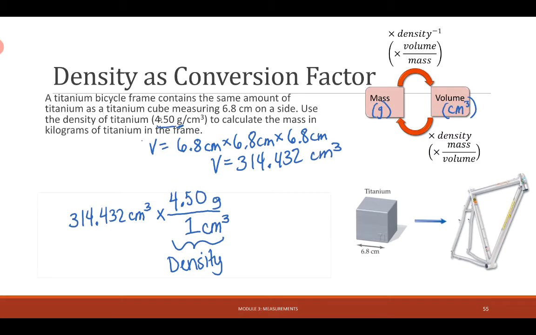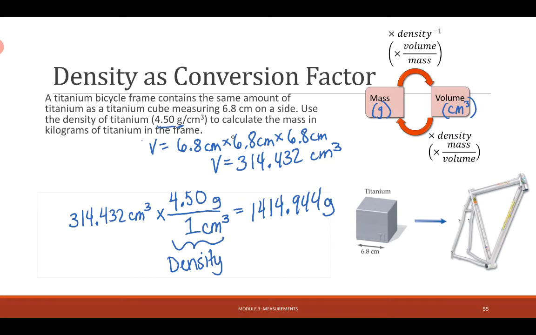And so I need this to stay 4.50. And so that's a 1 in the denominator. And so I can multiply this by 4.50. And then I get 1,414.944. Not centimeters cubed. Grams.